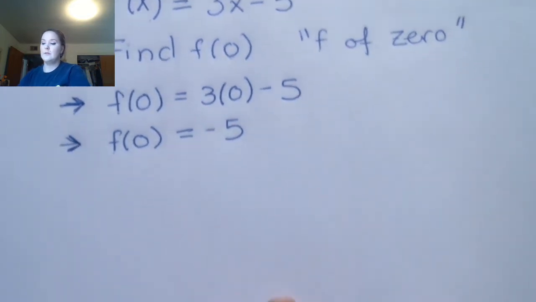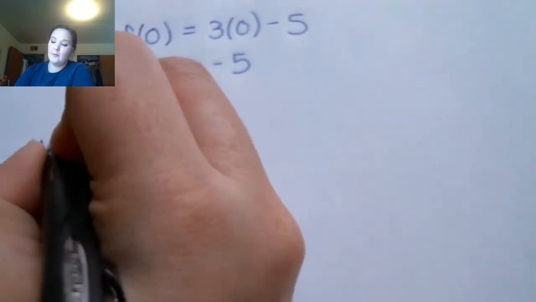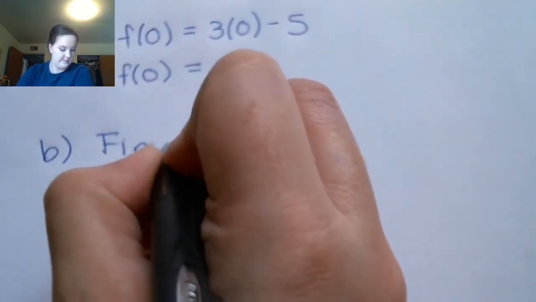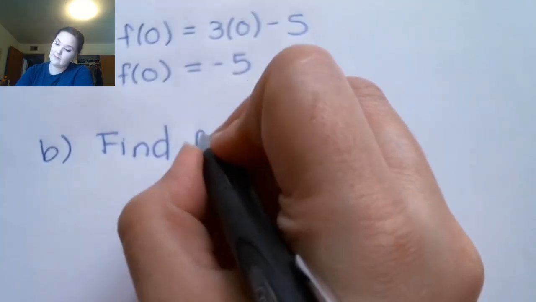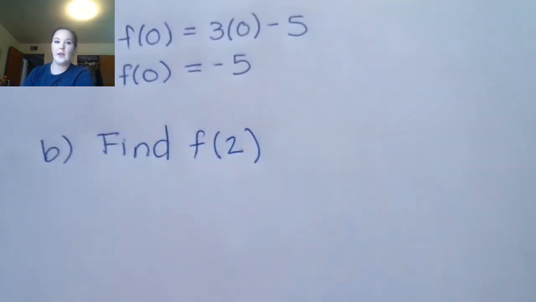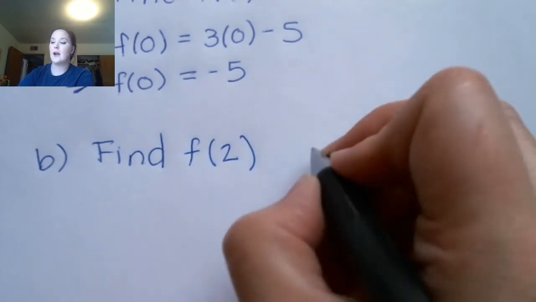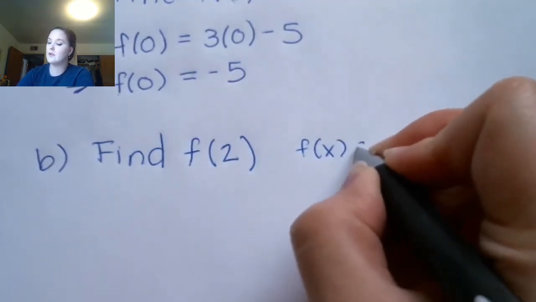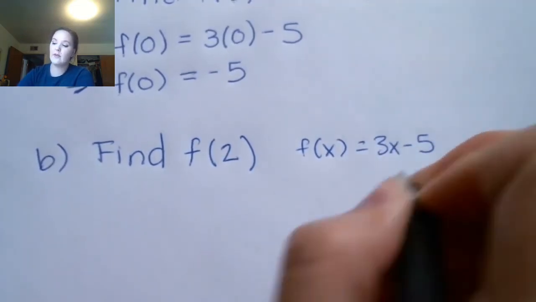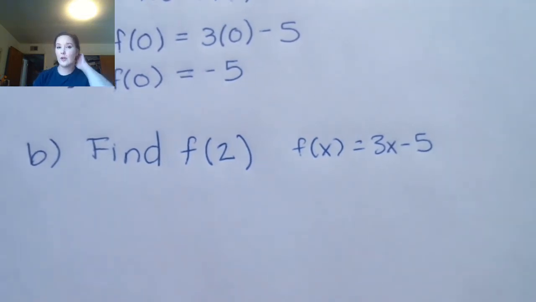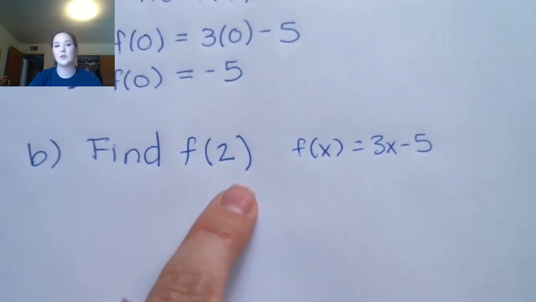Okay, so let's look at part B. I want you guys to do this now. Remember, f of x was 3x minus 5. So for yourself in your notes, right now just pause the video and go ahead and find f of 2.